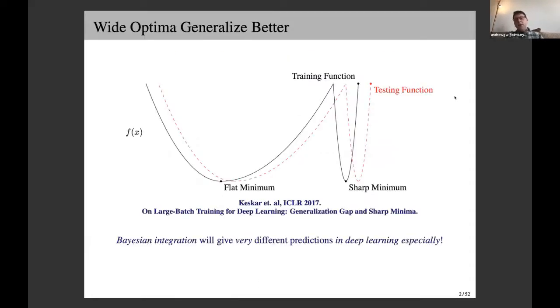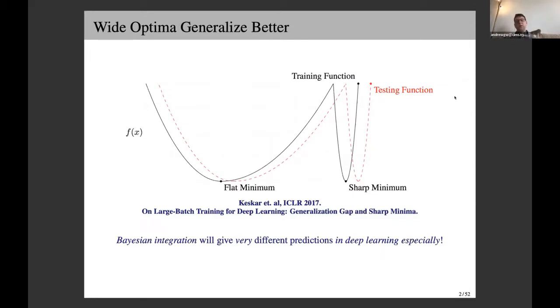So I got interested in loss landscapes and Bayesian deep learning about the same time in listening to a talk by Jorge Nocedal on optimization. He was visiting Cornell when I was there, and he was using this figure on this slide to explain why the implicit biases of SGD might lead us towards solutions which generalize better.